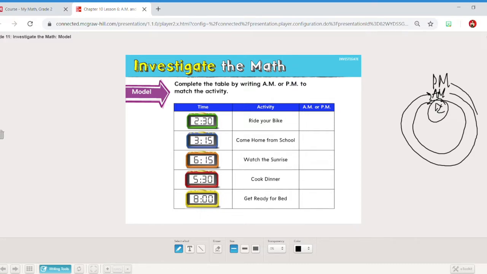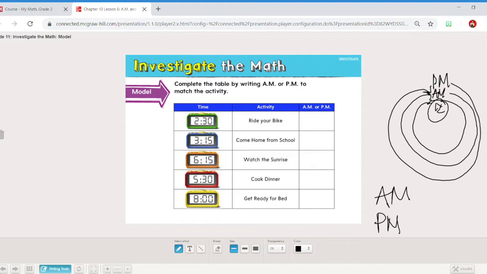It turns into PM, and it goes around the clock again until it's midnight. So from midnight to noon, midnight to lunchtime, that's AM. From lunchtime to midnight, that's PM. So with that in mind, let's answer these questions.